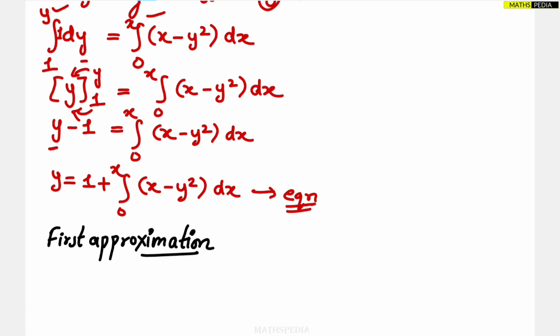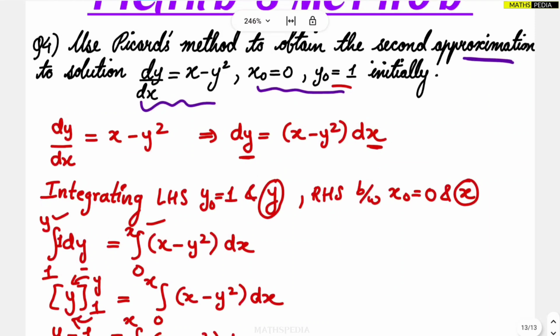In the first approximation remember that we have to substitute the y value as y naught in the function of x and y. What is the function of x and y? Whatever they are giving as dy by dx will be the function of x and y.